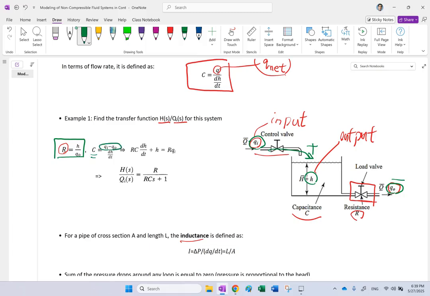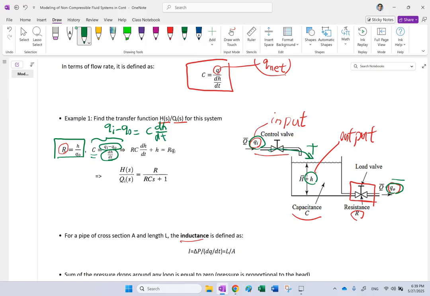And the rate of change of height is dH over dt. So if I cross multiply this, you get RC dH over dt equals Qi. Now you might say, where did you get this one from? Well, if I cross multiply this first, you get Qi minus Qo equals C dH over dt.